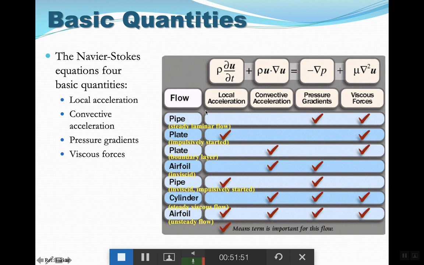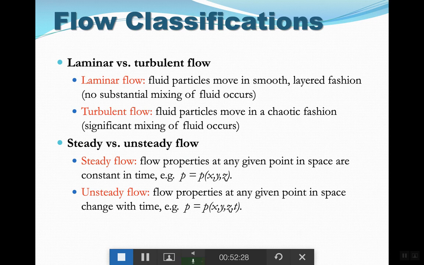And as you can see here, there are many different classifications. This is very important to know, because as I told you in our governing equation session, as we get into more and more complex problems, just these five equations won't be enough, and we would need auxiliary equations to help us solve them. So these flow classifications will help us know what auxiliary equations we require.